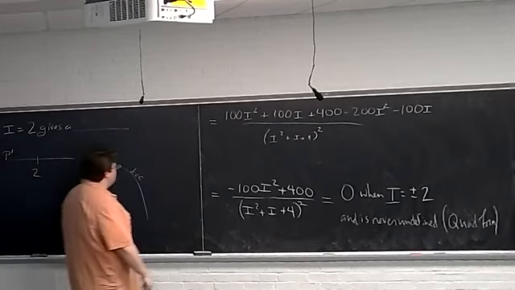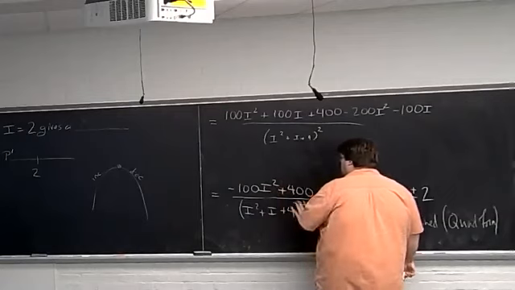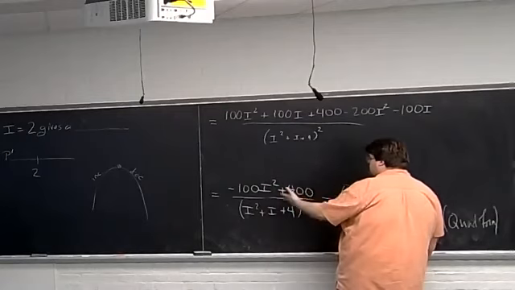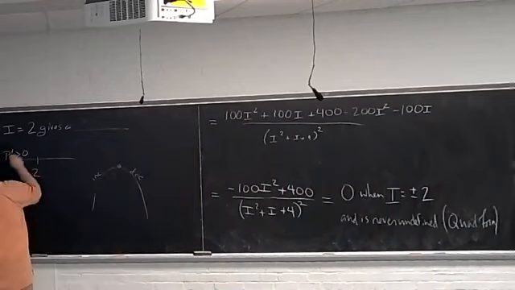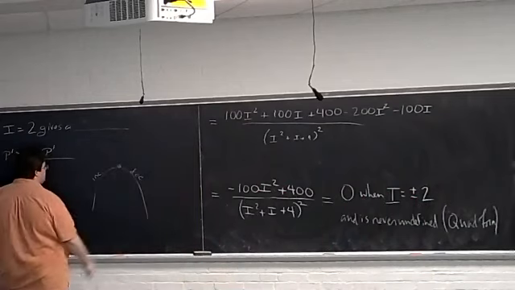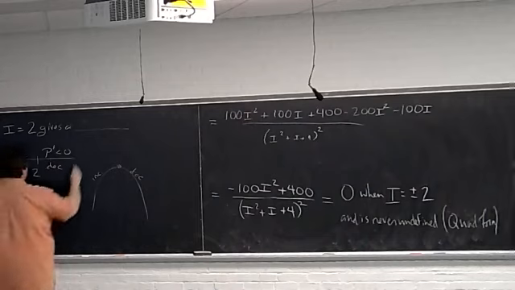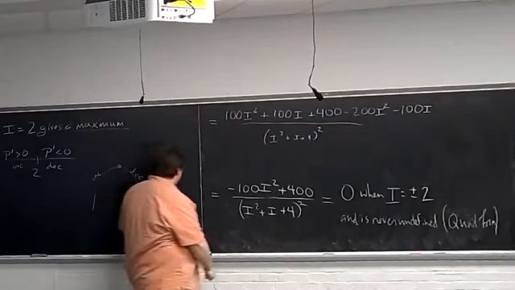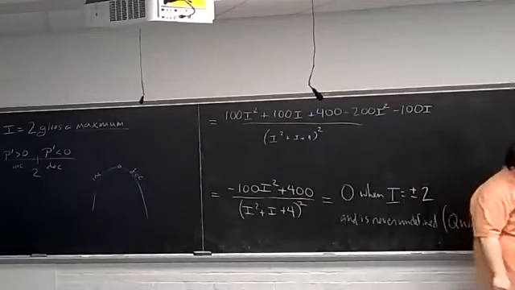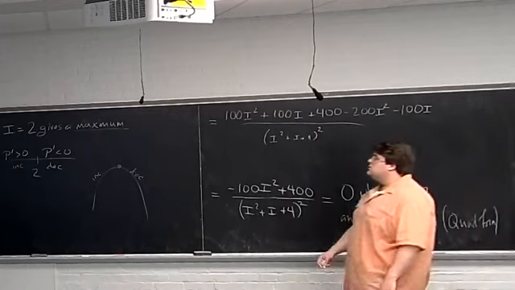The sign of the first derivative on the left: let I equal 1, you get positive over a positive, which is positive. Let I equal 3, you get a negative over a positive. So at I equals 2, we get a maximum.